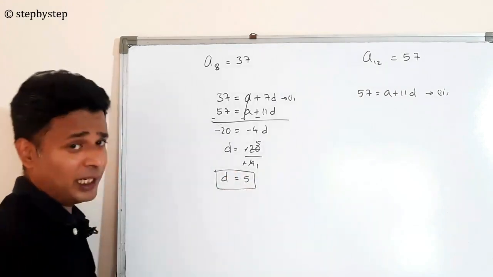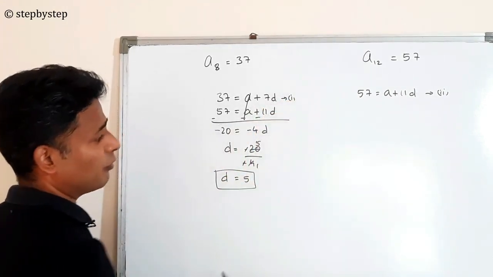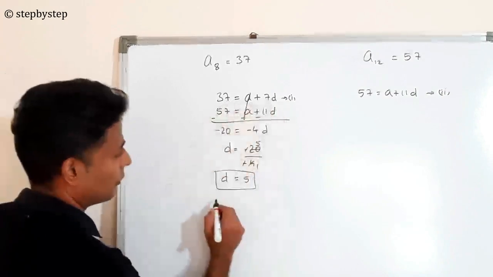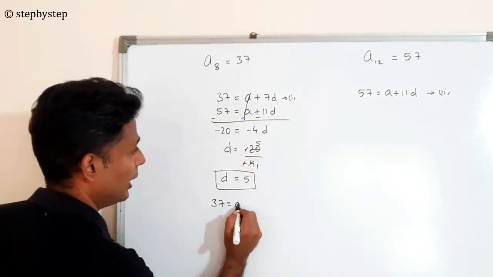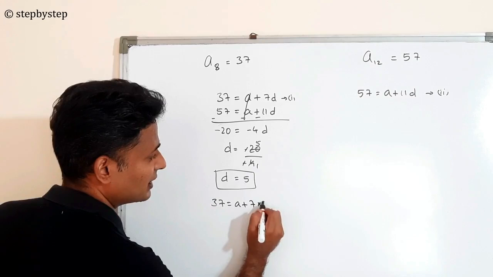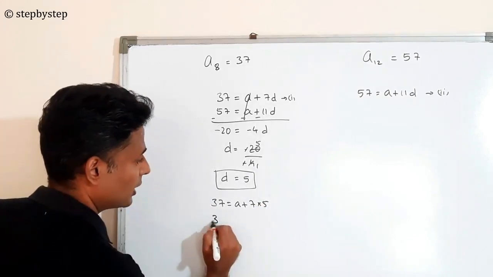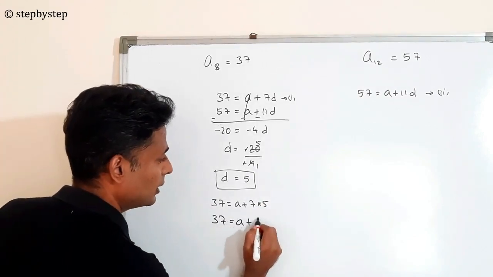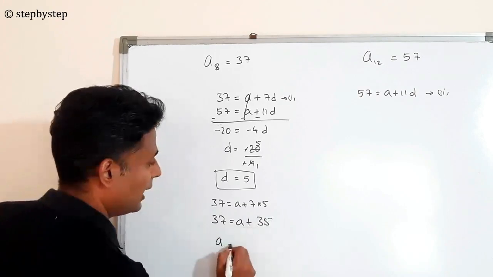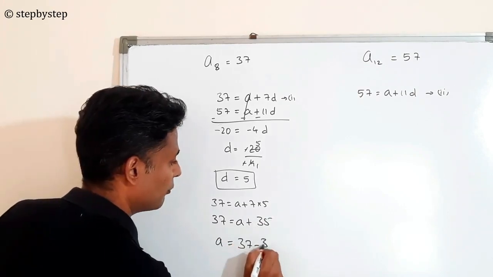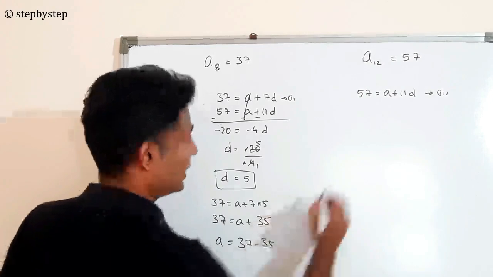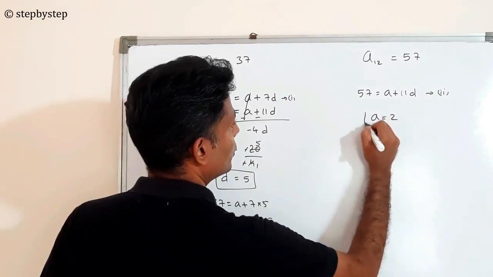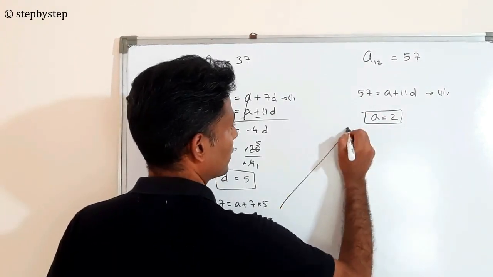Now we found the value of D. Using one of these equations, we can find the value of A. I'll use the first equation, that is 37 equal to A plus 7 into D, that is 7 into 5. So 37 equal to A plus 35. So A equal to 37 minus 35. So we get A equal to 2 from here.